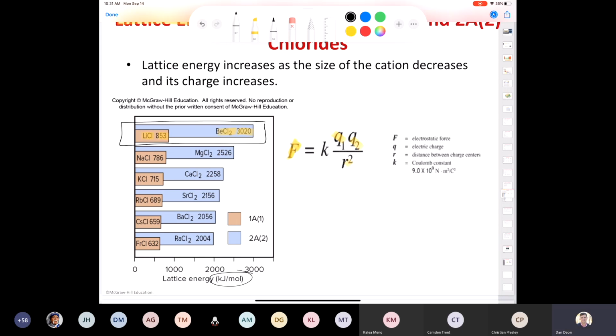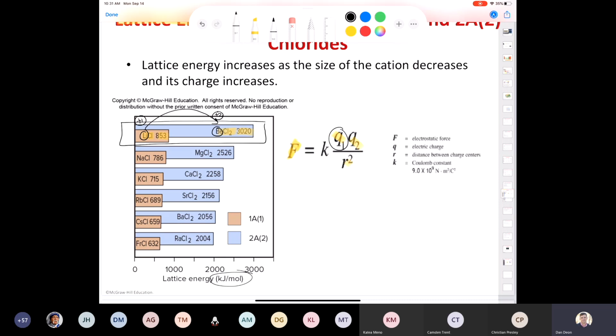What happens when I go from lithium to beryllium? I go from a 1 plus charge to a 2 plus charge. That means I'm going to increase the magnitude of Q, even though chloride doesn't change. And what else? How would I compare the size of a lithium to a beryllium? I'll just ask my students, what's smaller, a lithium or a beryllium atom? Which one's smaller?